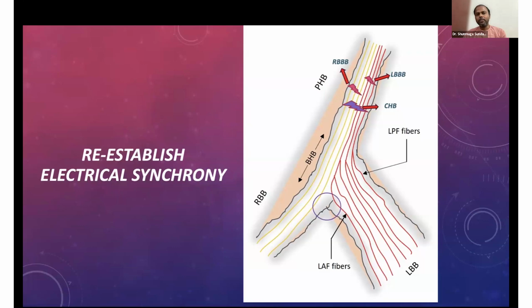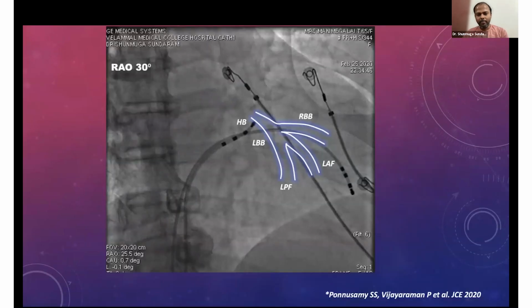In fact, almost 95% of complete heart blocks occur because of intra-Hisian disease rather than infra-Hisian disease. So all you have to do is put the lead just distal to the site of block, either in the distal His bundle or in the proximal left bundle, to correct either left bundle branch block, right bundle branch block or complete heart block.